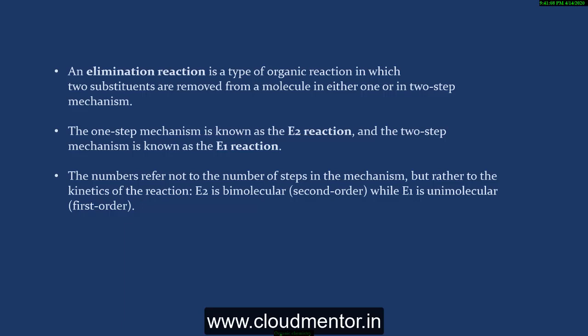E2 is bimolecular, that means it has second order kinetics, while E1 is unimolecular, having first order kinetics. In any elimination reaction, two groups from adjacent carbons are removed and replaced by a double bond between those two carbons. So let's take a look at the reaction mechanism.